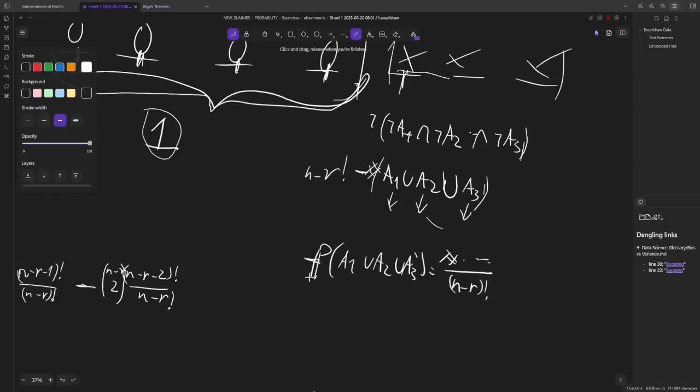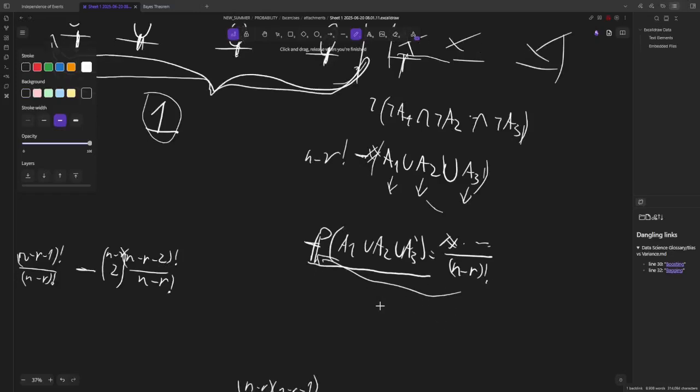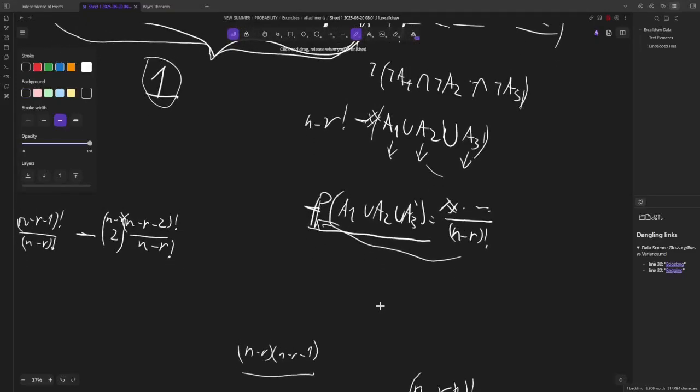So we want the number, we can calculate the probability and multiply it by the number of options. How many options do we have? Well, the probabilities using the inclusion-exclusion formula. So for the first element, we said fix the first one.